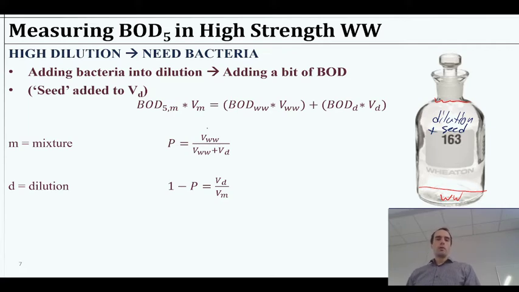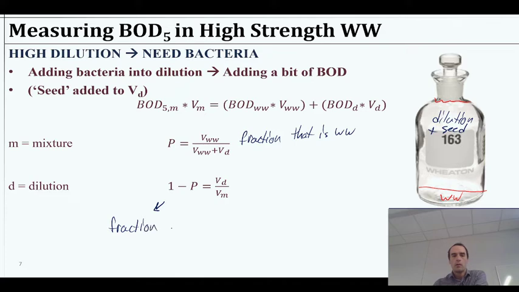One thing we'll note here is that, okay, our P we've defined already. We can take a 1 minus P. This is going to be the fraction that is dilution. So if P is the fraction that is wastewater, then 1 minus P is the fraction that is dilution water, right?